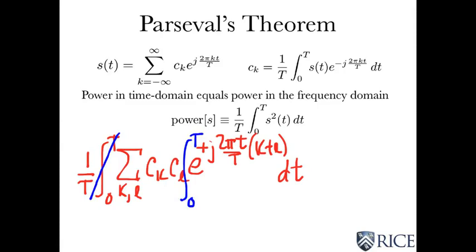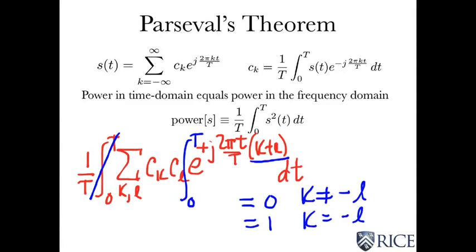And now we know what the value of this integral is. This integral is equal to 0 if k does not equal minus l. Remember that situation when we got 1 occurred when this term right here was 0. So the integral is 0 when k does not equal minus l.